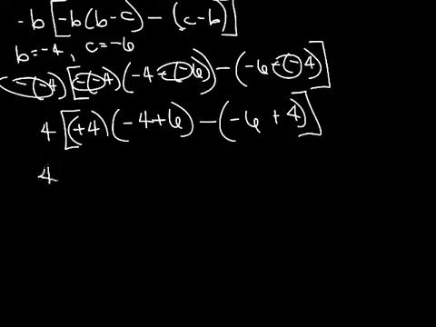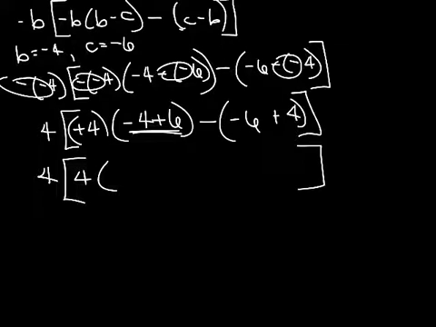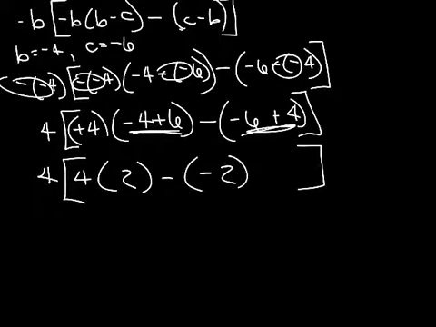Okay, so we have 4 times everything in here. So this is a 4. Negative 4 plus 6, take the difference between the two and sign of the largest. Negative 6 plus 4, take the difference between them, put the sign of the largest. Because this is two negatives, we'll make that a positive.